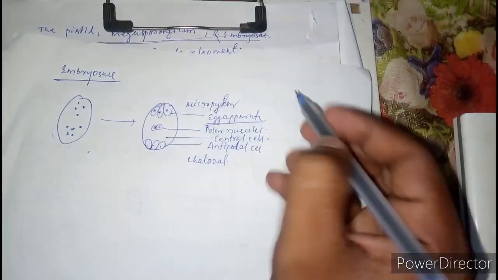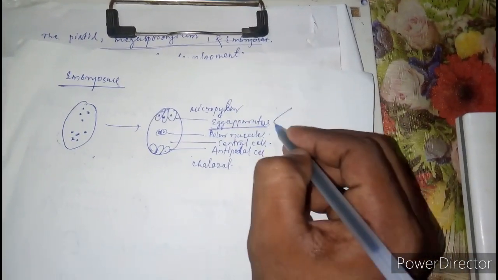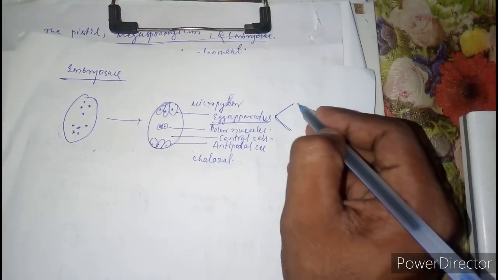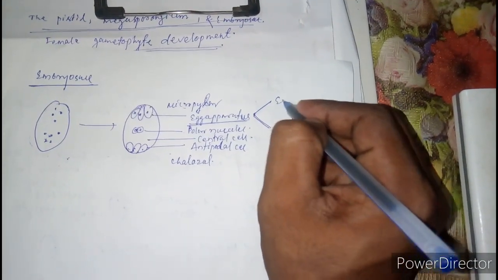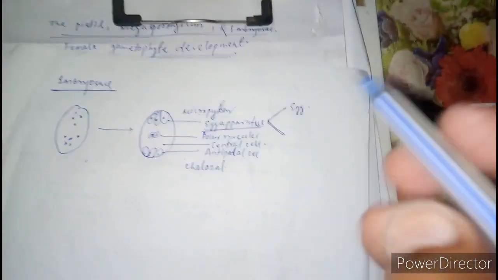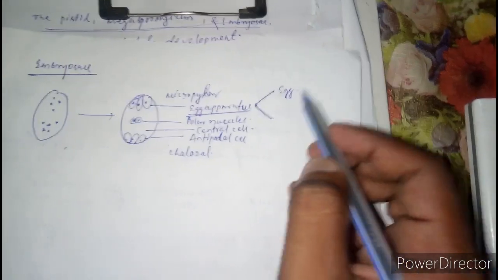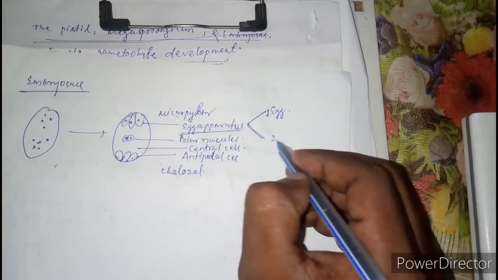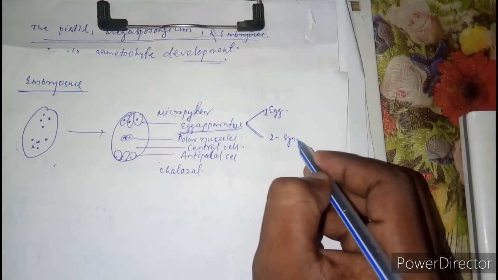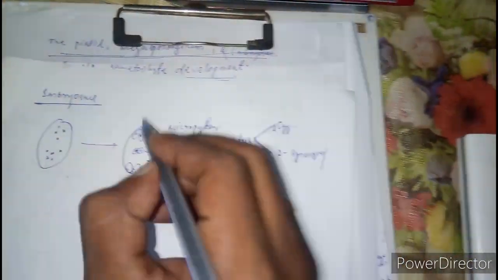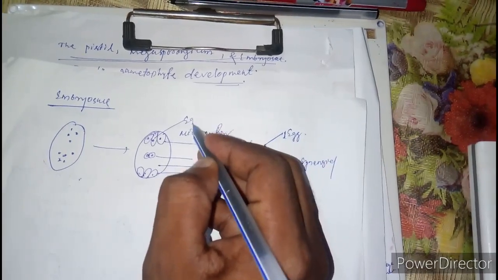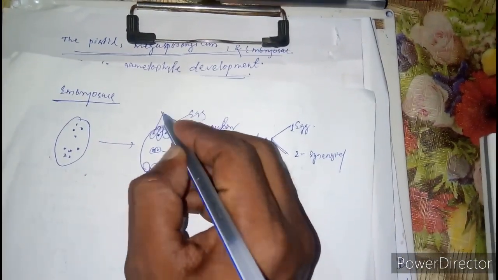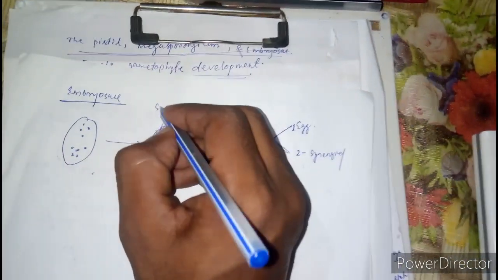In the egg apparatus, there will be presence of two things: one egg, which will be fertilized by the sperm in future, and 2 synergids. The center will be the egg, and the outside 2 will be synergids.